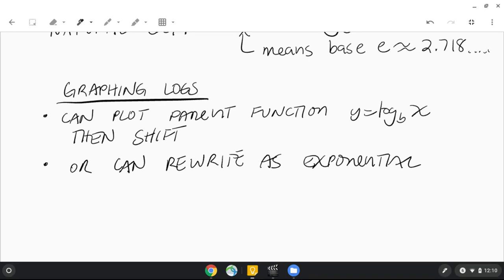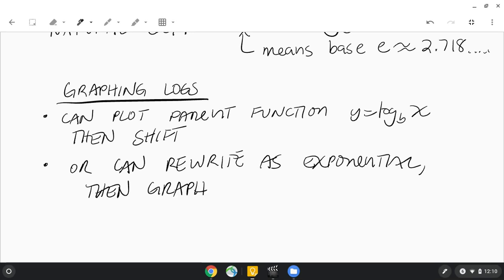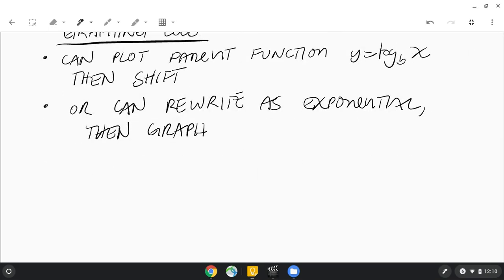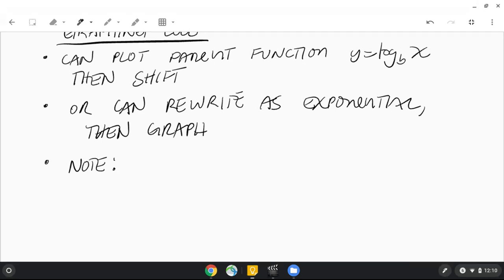And one thing to note, you do have a vertical asymptote.